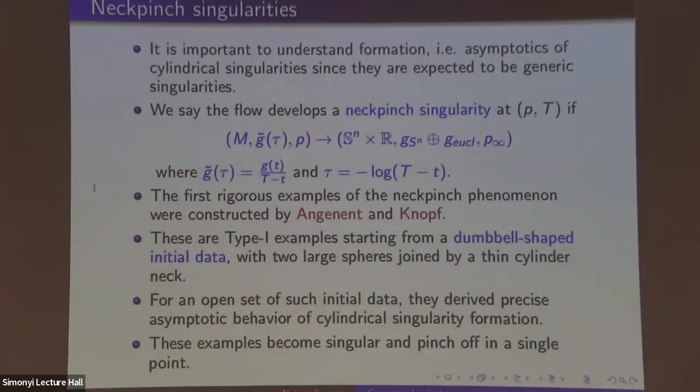Maybe in the last few minutes, I just want to briefly mention the third topic, which was the asymptotics of neck pinch singularities. So now we go back to the singularities which are modeled on a round cylinder, S^n cross R. Here is the definition: we say that the flow develops a neck pinch singularity at (p, T) if, when I rescale by capital T minus T, this parabolic rescaling, it converges to a round cylinder.